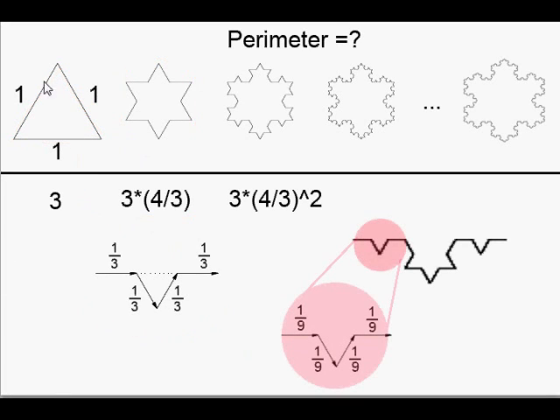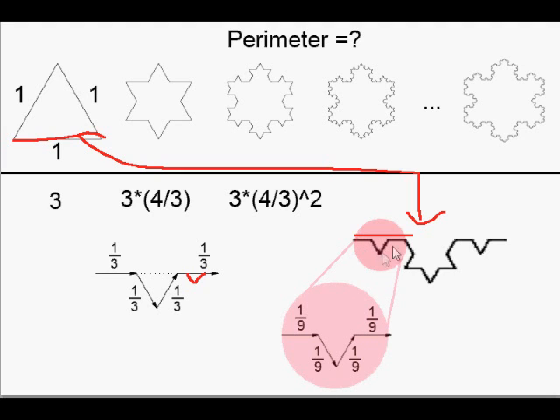Now let's take a look at what happens in the next iteration. Every one of the original line segments now looks like this. So basically what we have done here is we've taken this one and we have grown little bumps on them to get to here. Now the length here was 1/3, as we have seen. And now when we grow a little bump here, and this bump is an equilateral triangle, it is easily seen that every one of these smaller tiny segments must have length 1/9.